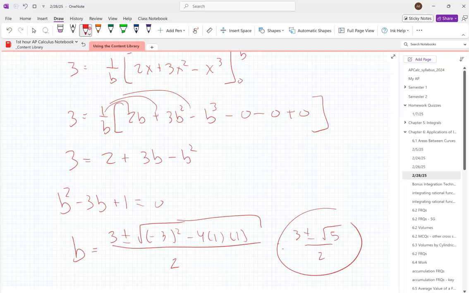But the initial setup, all I did was write down what it said. Use my formula for average value, set that equal to 3, and then grind away until I get an equation in terms of b that I can solve.